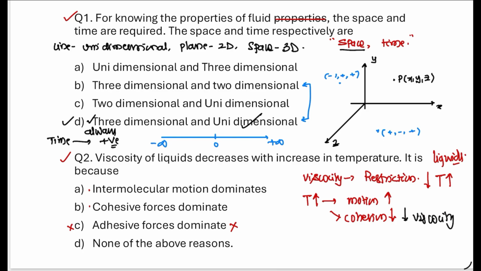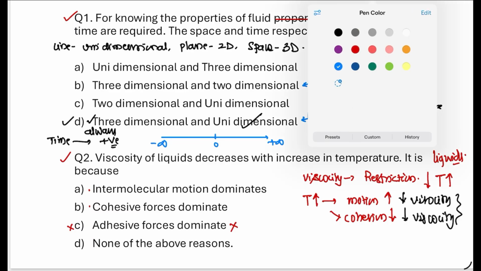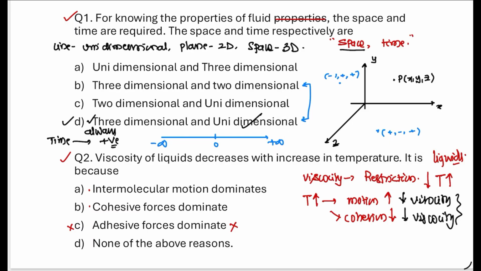Viscosity is togetherness, restriction to flow. Cohesion decreases means viscosity decreases. Now when the intermolecular motion also increases, viscosity decreases. Both are looking like possible solutions.